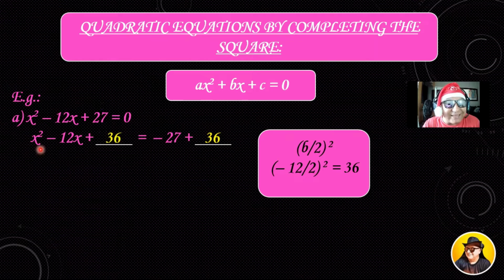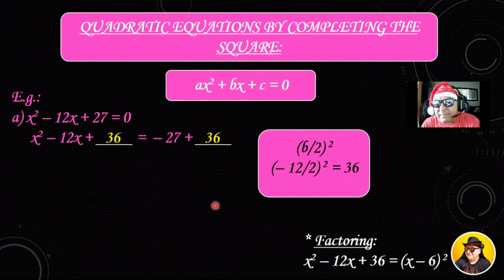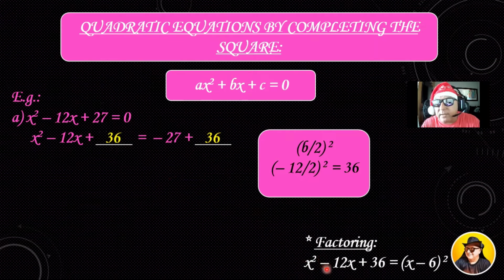So this is a perfect square trinomial. Factoring it, x squared minus 12x plus 36 is x minus 6 squared. The square root of x squared is x, and the square root of 36 is 6.